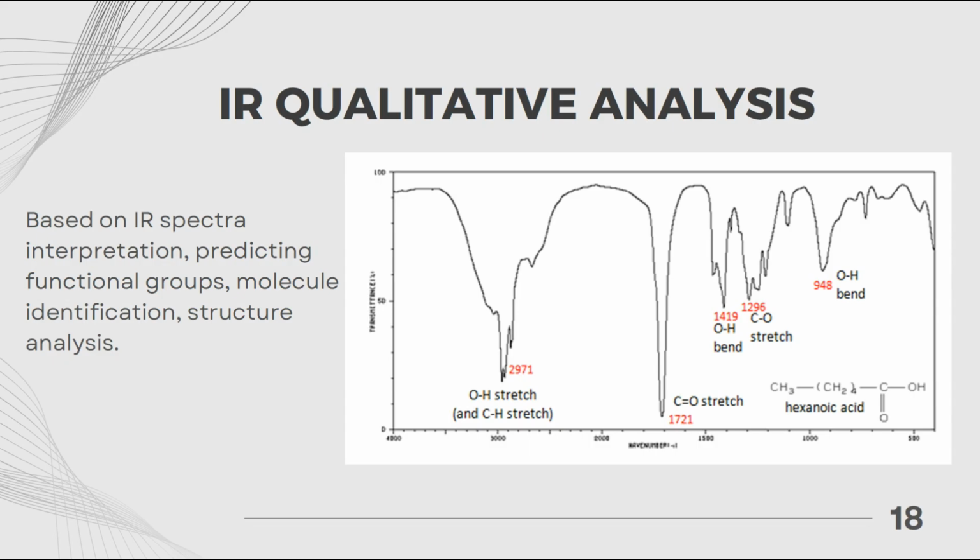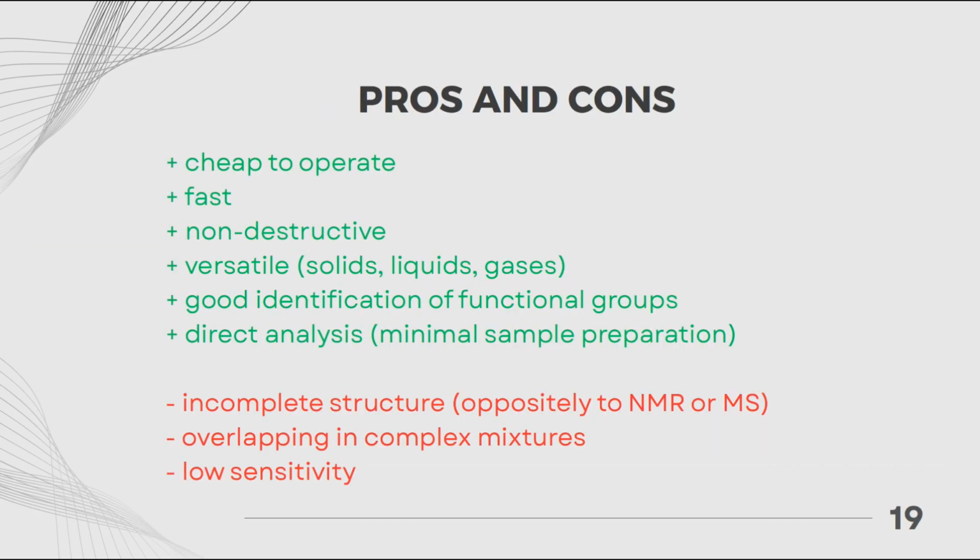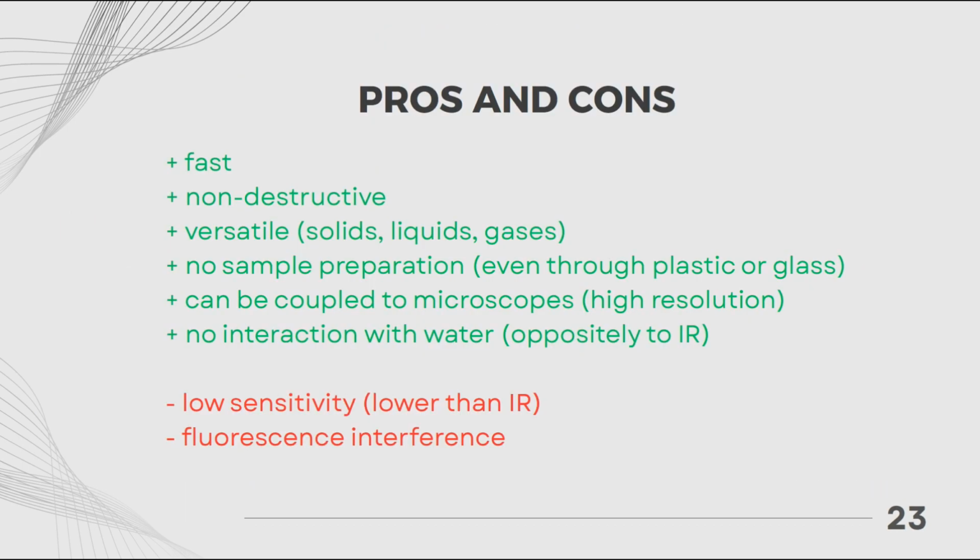So if you have water with these groups, you may have a spoiled spectrum. You don't want water to be in the analyzed sample. However, Raman spectroscopy has no interaction with water, which is a great advantage in this case.